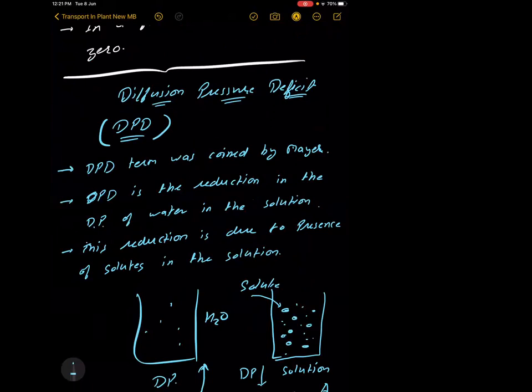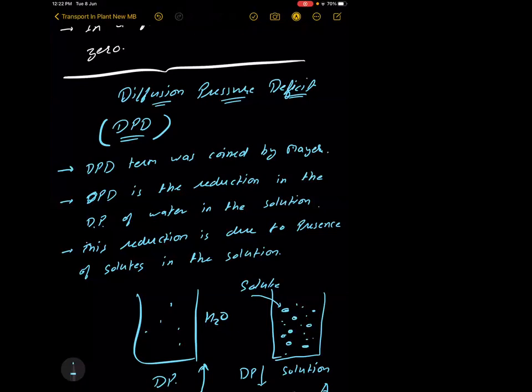Someone asked: sir, is DPD directly proportional to diffusion? No. Diffusion pressure deficit has a relation between DPD, OP, and TP; I'm coming to that point. DPD is equal to OP minus TP. In simple words, DPD is the suction pressure.